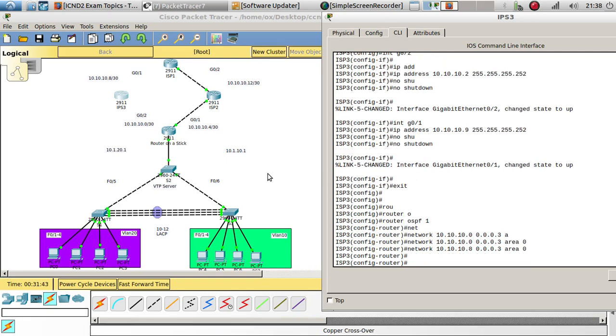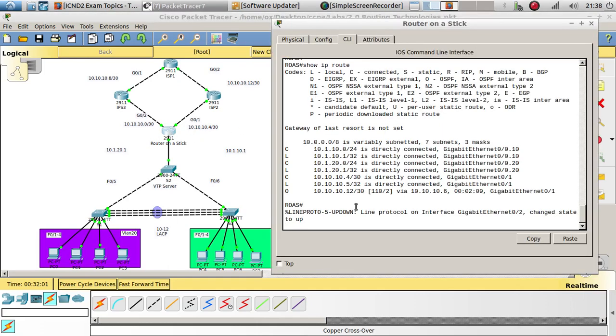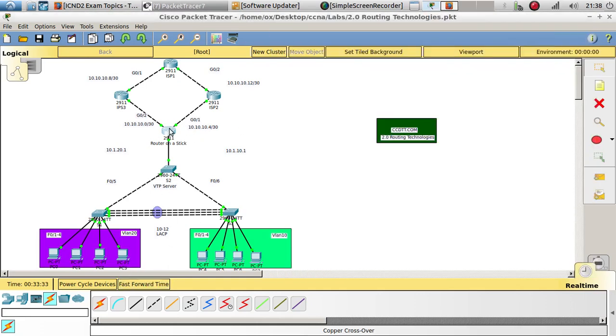Okay, so now let's plug this in with the crossover cable. And this one is to go to gigabit 02. Up and running, and then gigabit 01 to 01. Up and running. Okay, so let me just go and fast forward.